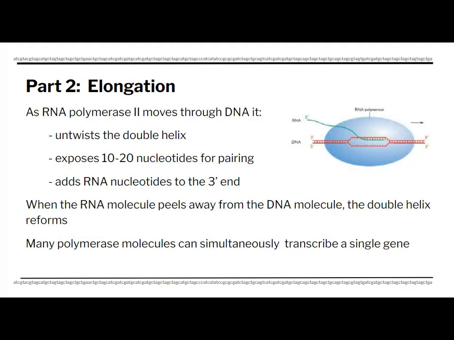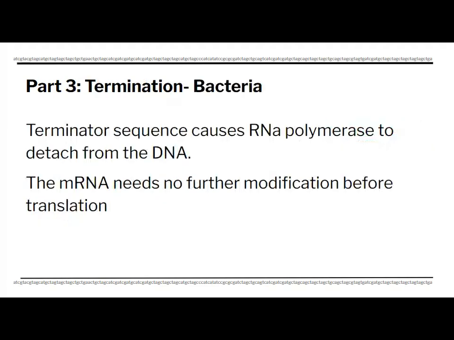Termination, the last step, happens differently in bacteria than it does in eukaryotes. So, step 3, termination, specifically in bacteria: the RNA polymerase will run into the terminator sequence. The RNA polymerase will detach, and then the mRNA is done. So, the transcription that you have learned in past biology classes is practically bacterial transcription.